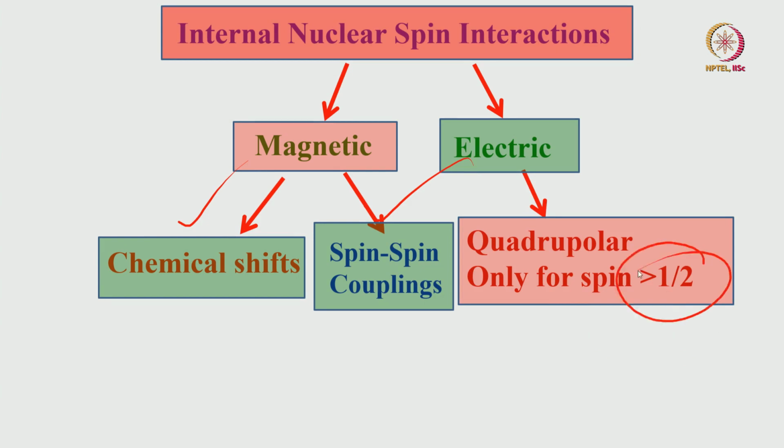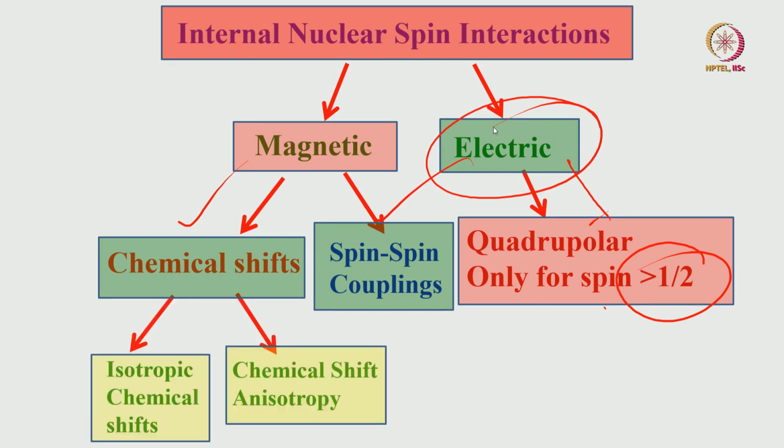Remember, all interactions in NMR are magnetic except quadrupolar interaction for spin greater than half, which is an electric interaction. Understand the subtle difference: all interactions for spin half nuclei are magnetic. When you have a spin greater than half nucleus, you have quadrupolar interaction, which is an electric interaction.